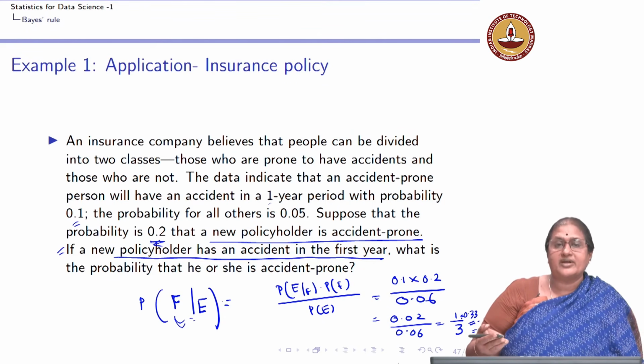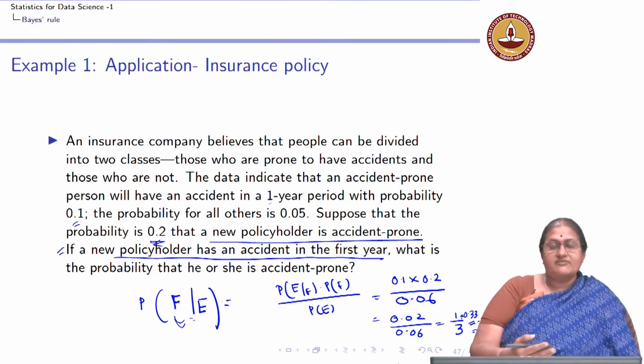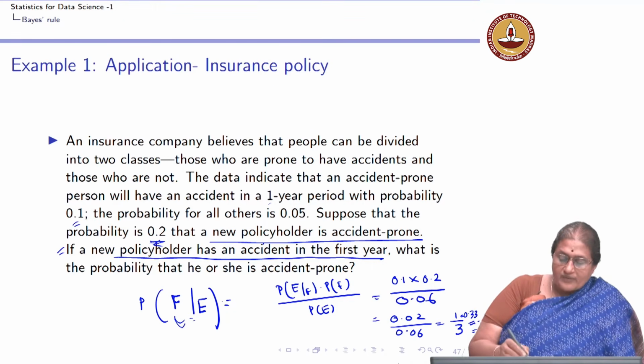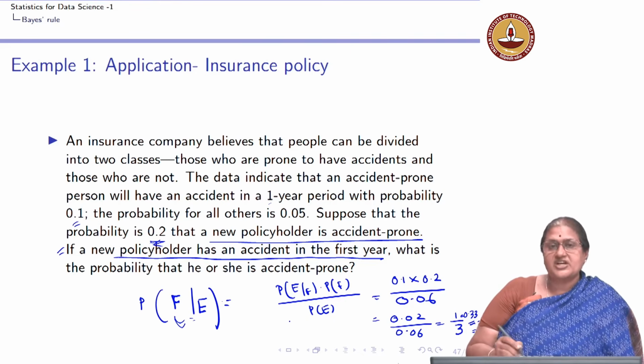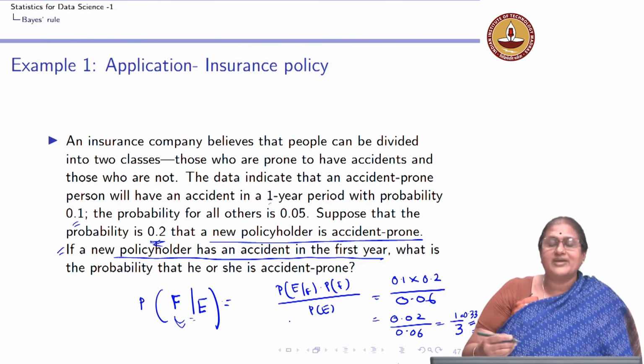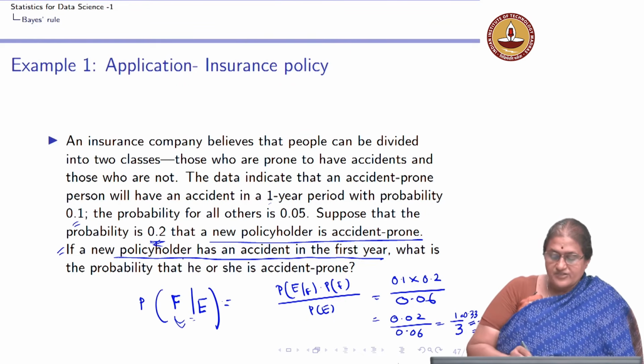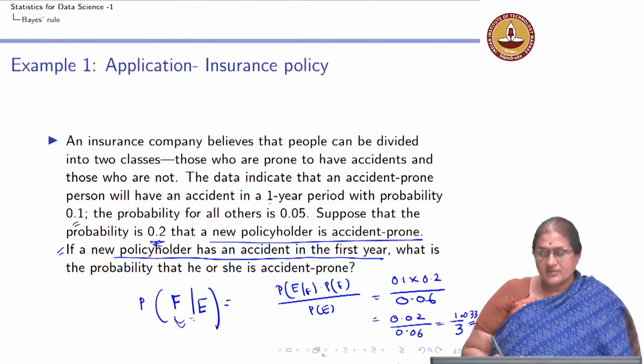So, within the subset of people who have had an accident within a year, you can see that the chance of a new policy holder being accident prone is increased from 0.2 to 0.33.